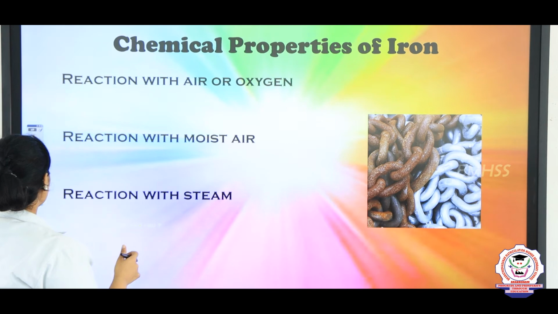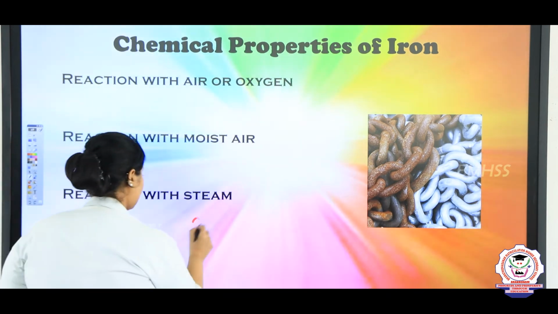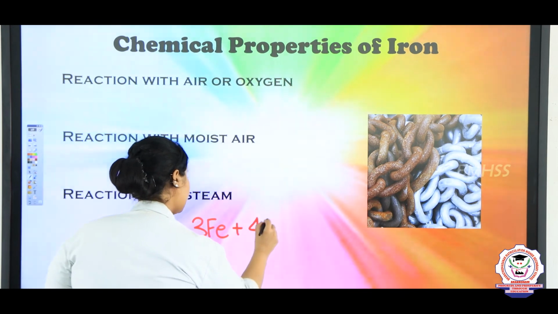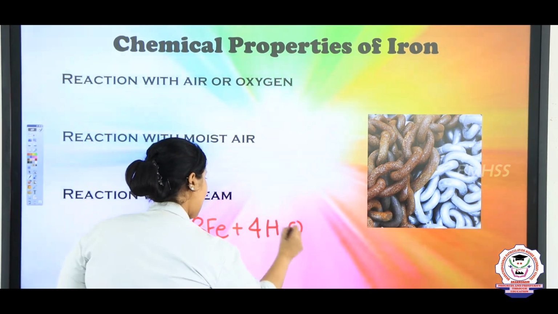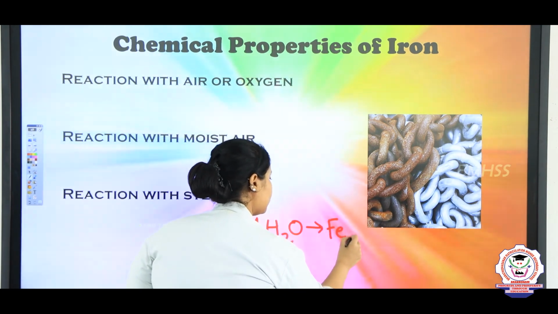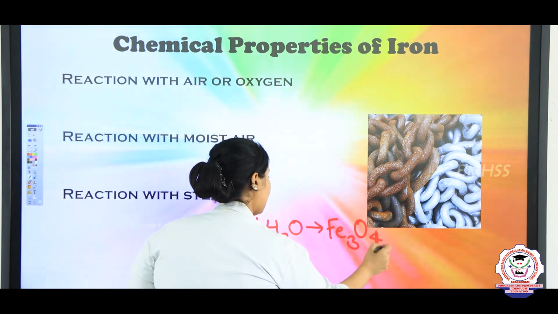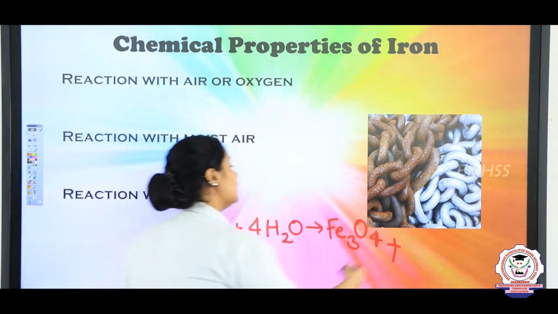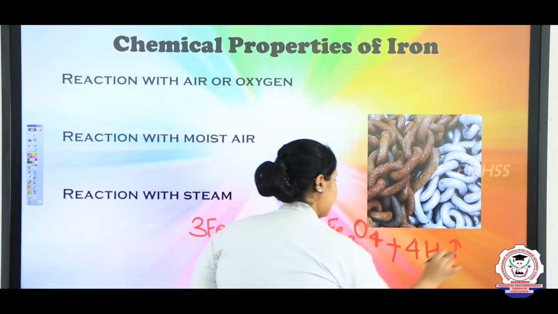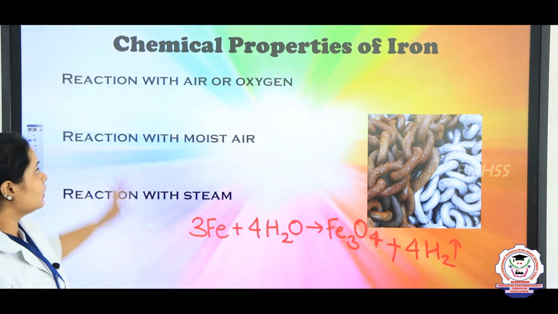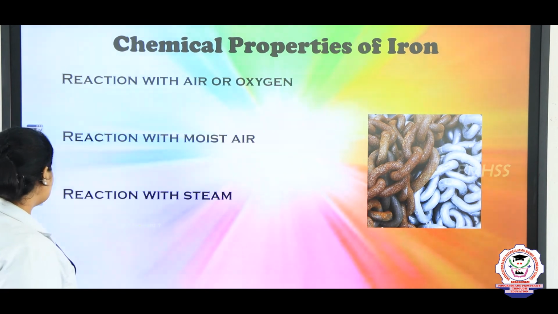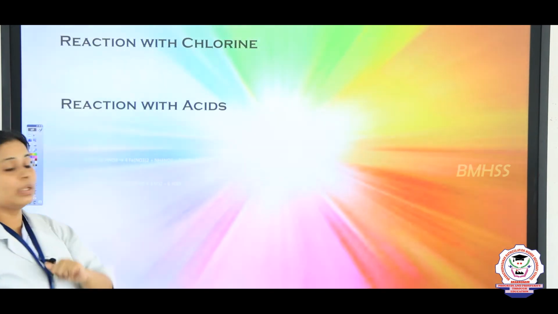So, the reaction will go on as 3 molecules of Fe plus 4 molecules of H2O, and finally you are getting Fe3O4 plus here the liberation of hydrogen gas is there. Okay? Yes. So, children, these are the chemical properties, and when you are going to the other chemical properties, let us go to the reaction with chlorine.